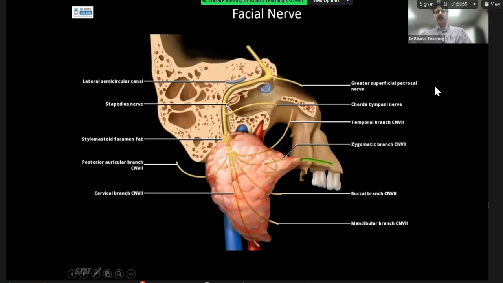One of the nerves is this nerve. There is a muscle here, which is known as the stapedius muscle within the middle ear cavity. And this joins the stapes. It causes what we call sound damping. And there is a branch which provides innervation to this. This is the nerve to the stapedius.